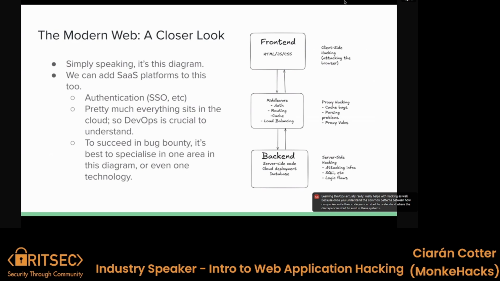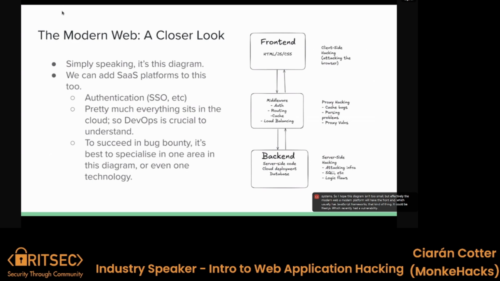So I hope this diagram isn't too small, but effectively, a modern platform will have the front end, which usually has JavaScript frameworks, that kind of thing. It could be Next.js, which recently had a vulnerability.